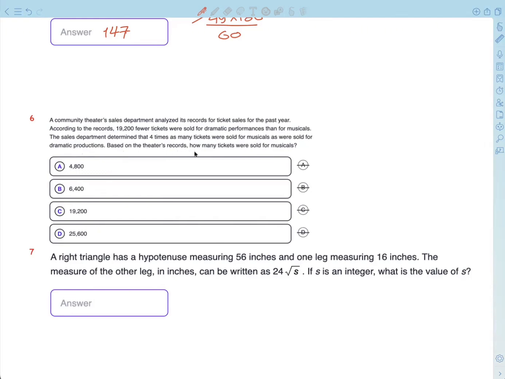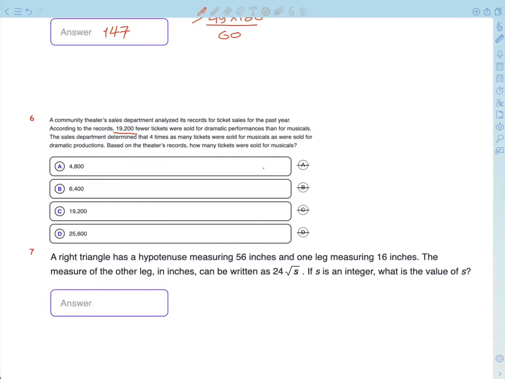Based on the theater records, how many tickets were sold for the musicals? In this question, we have two unknowns. So this is a system of equations in the shape of a word problem. We have to create two equations, then we will start to solve them.